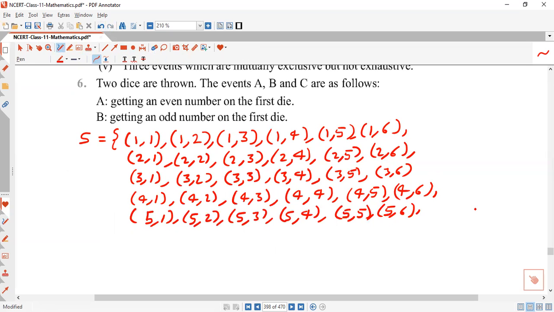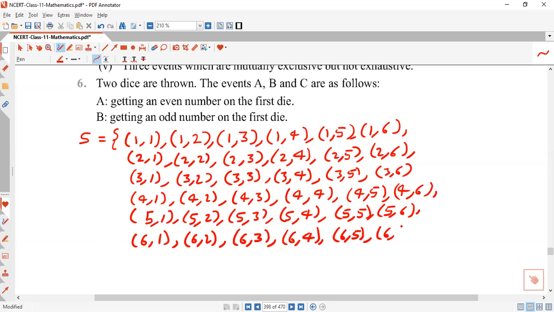Now the other elements are with 6 on the first die: 6, 1, 6, 2, 6, 3, 6, 4, 6, 5, and 6, 6. So this is the sample space.